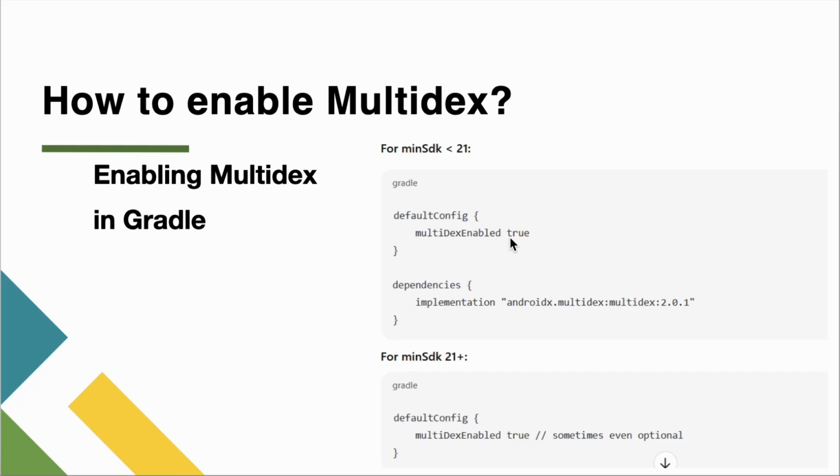I am enabling it by making it true, with minimum SDK 21. If your minimum SDK is 21 or above, just enabling it in Gradle this way is typically enough. ART will handle the rest automatically. You don't have to add the dependencies explicitly.